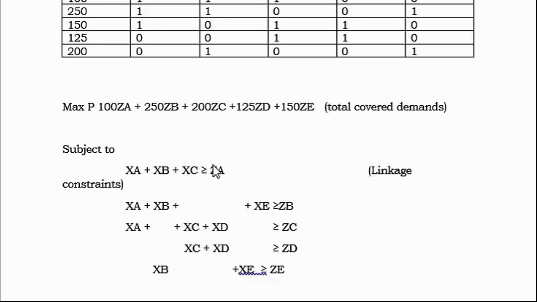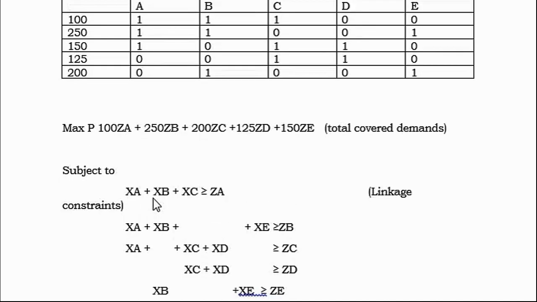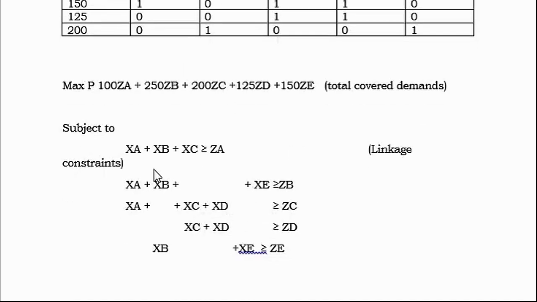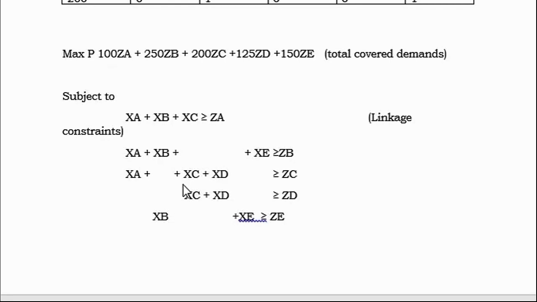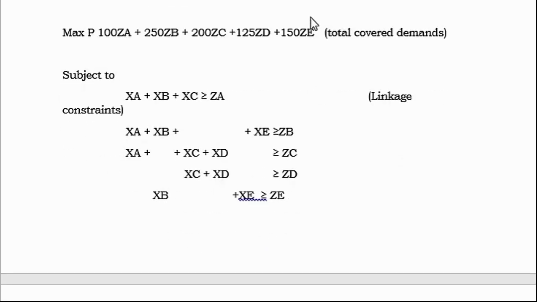Subject to our constraints: as you can see in our table, the covered node is covered by XA, XB, and XC, which is greater than or equal to ZA, and so on.